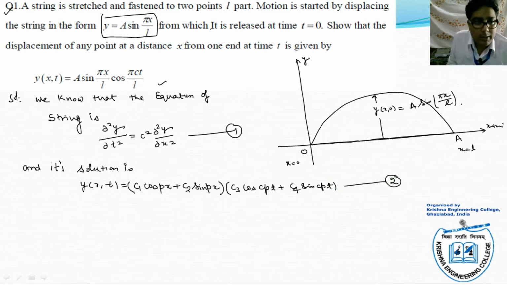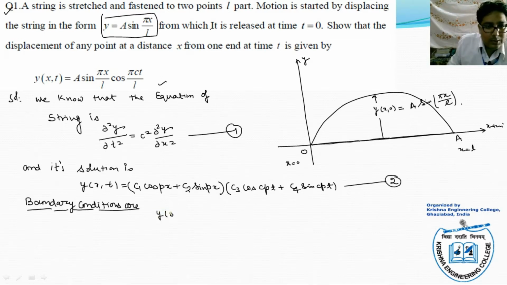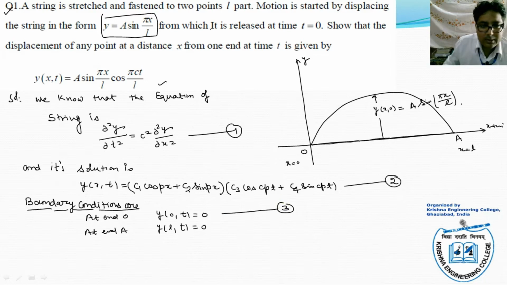Here in this problem, boundary conditions are y 0 comma t is equal to 0 and y L comma t is equal to 0. This is the boundary condition at end O, and second boundary condition at end A. The equation number third, this is the equation number 4, and there are two initial conditions.